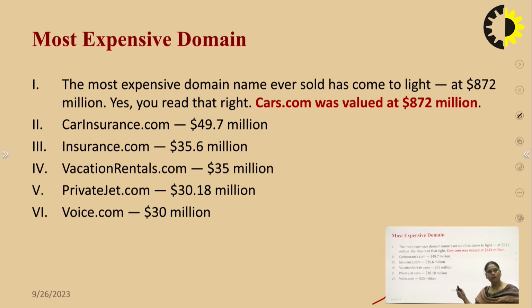These are some examples of companies that have purchased domains. These are very expensive. The most expensive domains in the world include carlens.com at 49.7 million, insurance.com at 35.6 million, privatejet.com at 30.18 million, and voice.com at around 30 million.